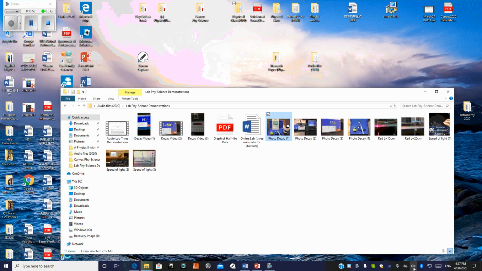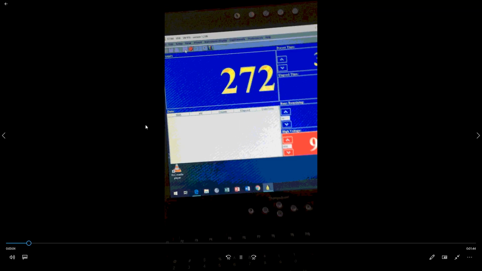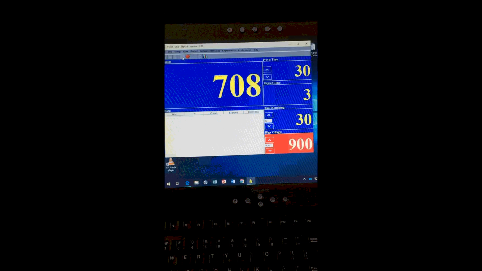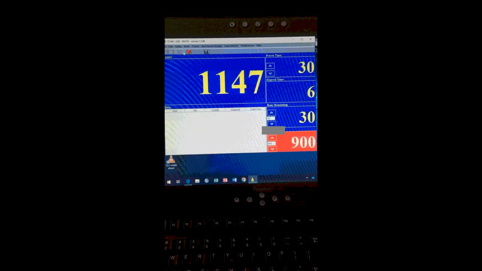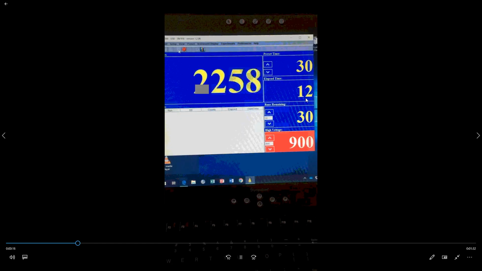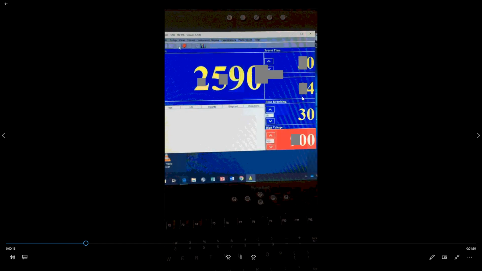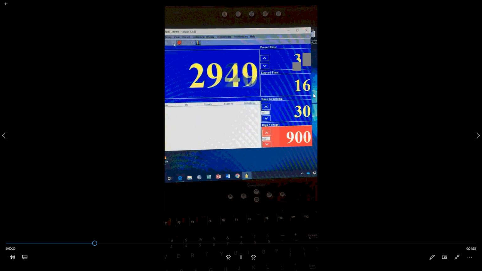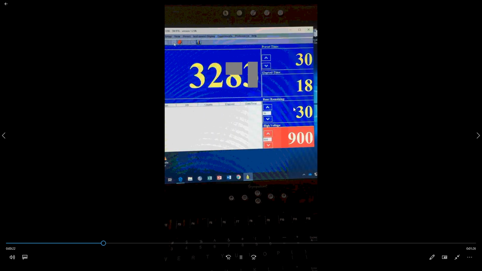Let me make the sound a little louder. Again, I have to use one hand to hold my cell phone, so it's not very stable. Okay, 30 seconds each time. The first data is 13 seconds, 14 seconds, 15 seconds. And we're going to take 30 data points.